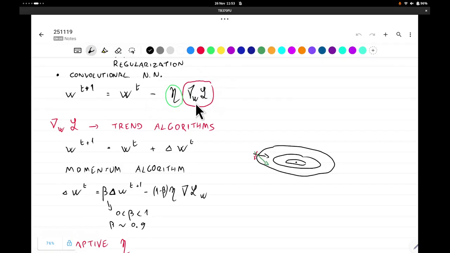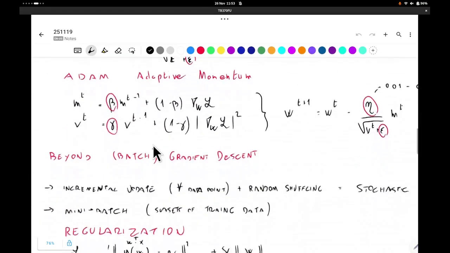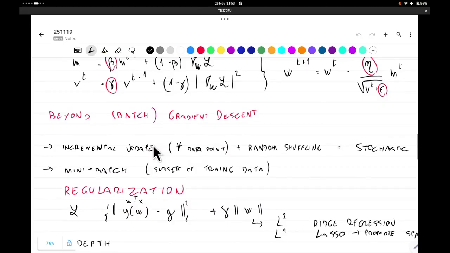The cumulative change in loss function is collected from all the data in the training set. So this is the batch gradient descent.